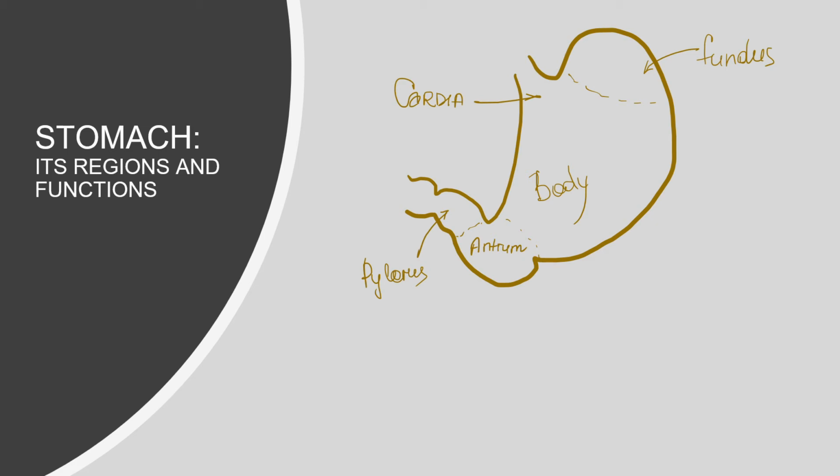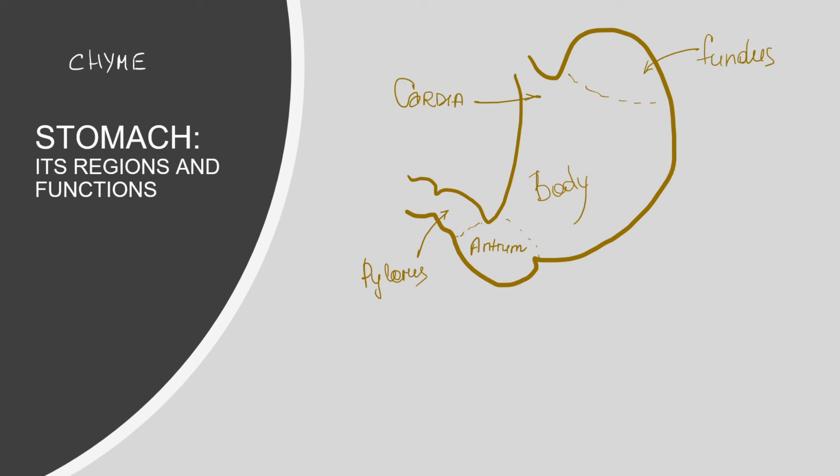It mixes it with gastric secretions until it forms chyme. I'll write it down here. Chyme. And mechanically processes it. Afterwards, it slowly empties to the small intestine at a rate suitable for proper digestion and absorption. So it is a very smart organ, I would say.